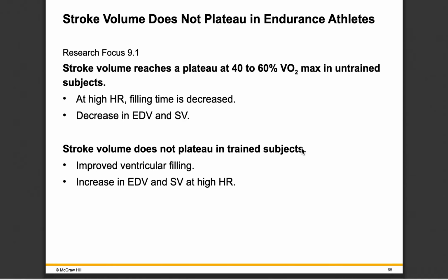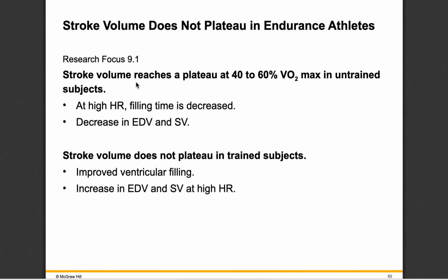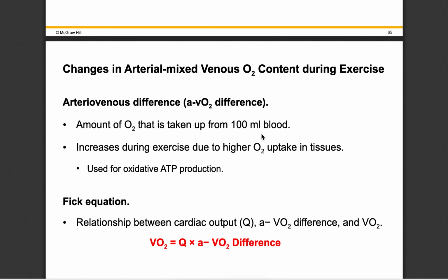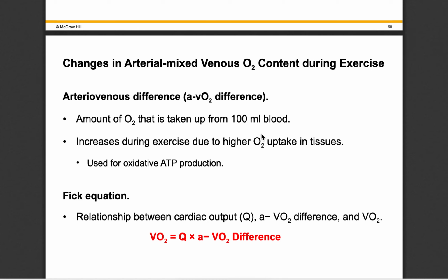This goes on to talk about the stroke volume plateau not happening in trained subjects and why that may occur. Your book tells you where you can focus on that. But another way we work on delivering oxygen, not just through increasing cardiac output, is that we also change how much oxygen we can take out of the blood.